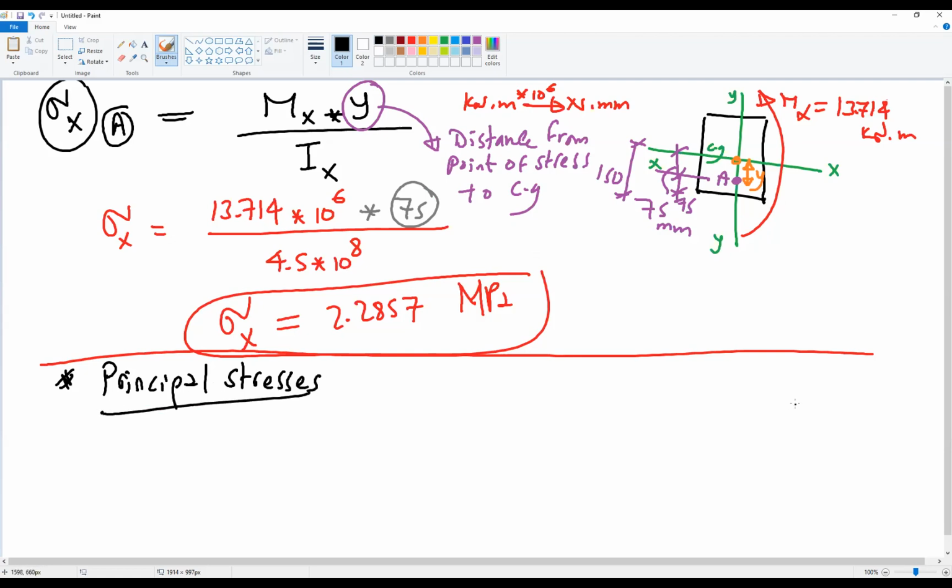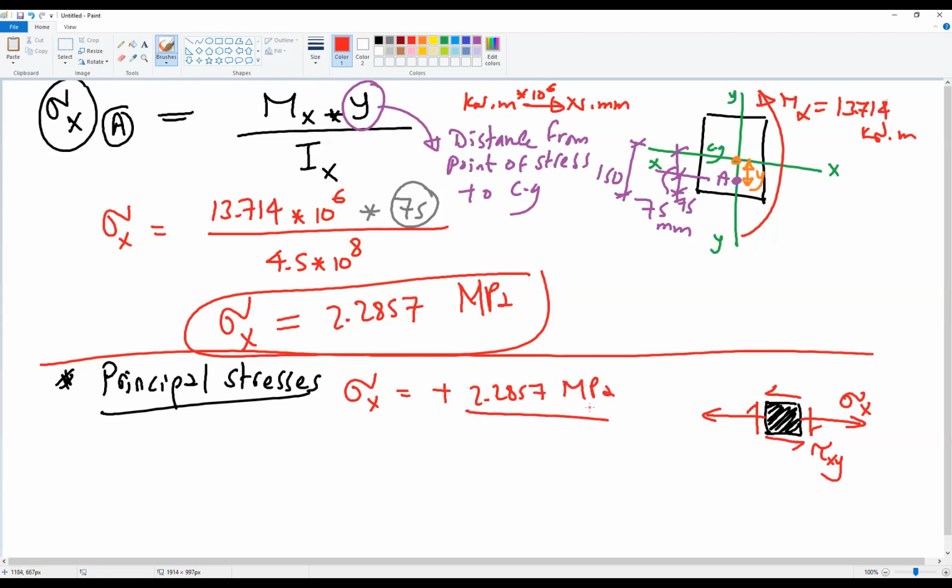To know the principal stresses, this is our element at A, and we have sigma x and tau xy. Here, is sigma x positive or negative 2.2857 MPa? You need to keep in mind this idea. If we return back to the moment, the moment is causing tension in one side of the beam and compression in the other side, right?